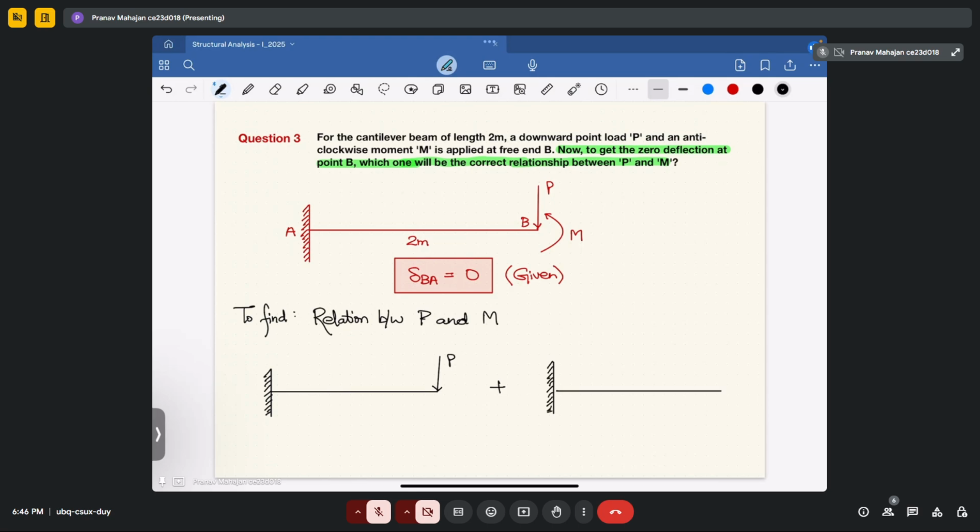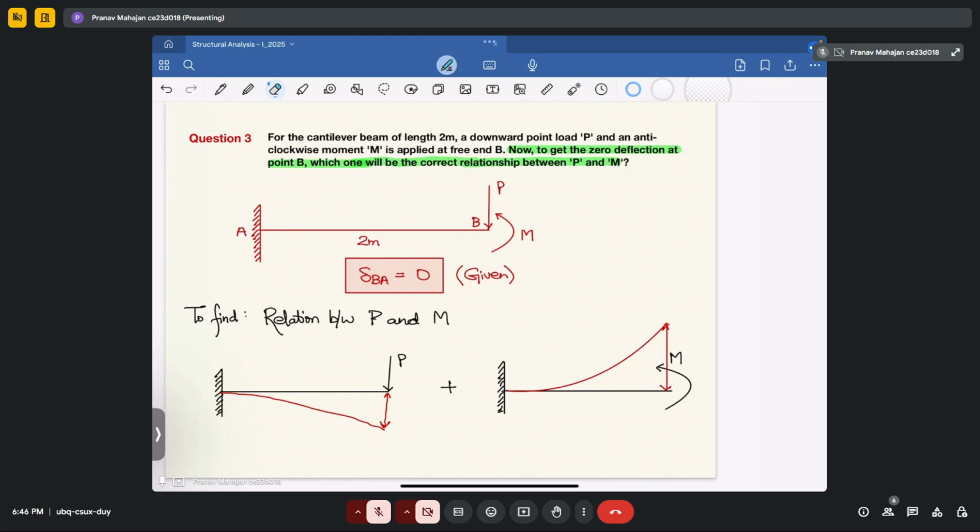That means we are utilizing the principle of superposition. By this, the beam will move like this, and you will get one deflection here, and due to this, the beam will move like this, and this will be your other deflection. If we add both the deflections and make it 0, we will find the relationship between P and M.